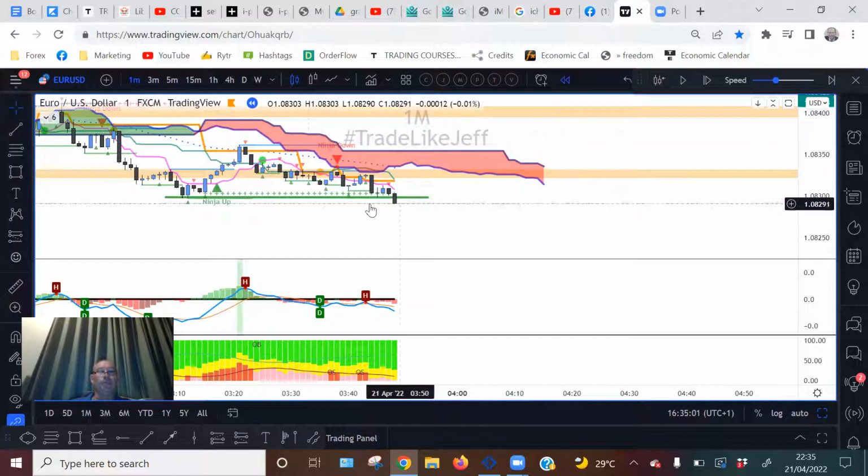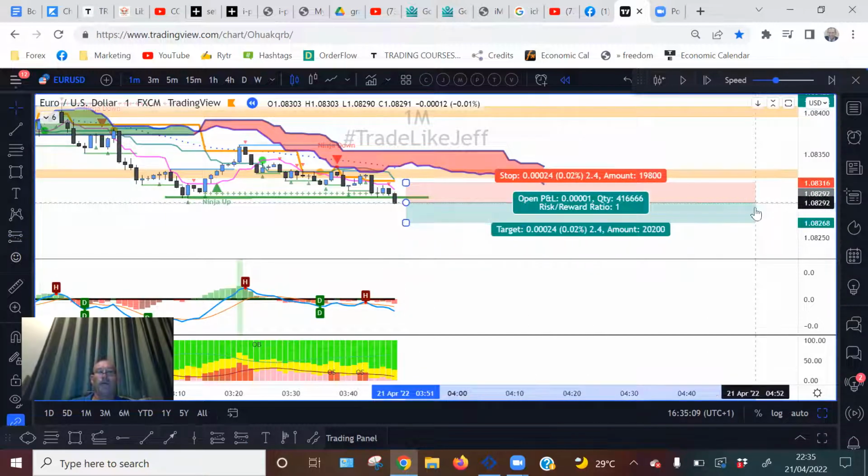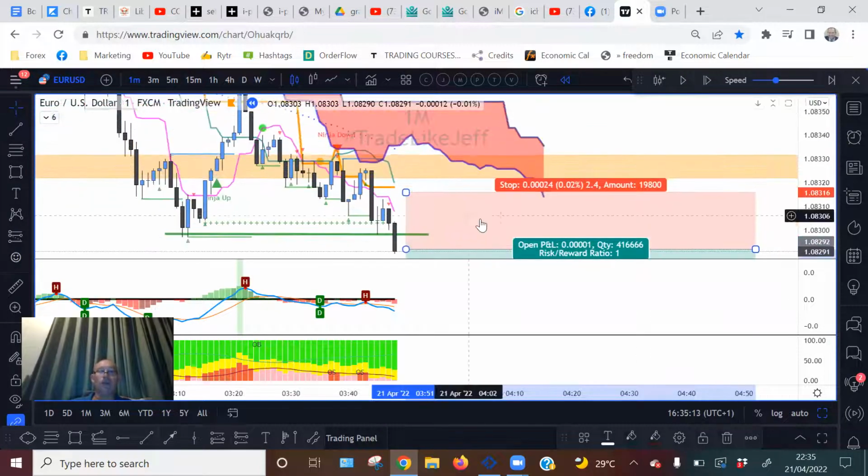So what you do is you would get on the entry, you would get ready. Where if I did get in, the stop loss would be, ladies and gentlemen, well, this one would be above there. That's a little bit bigger, that one.